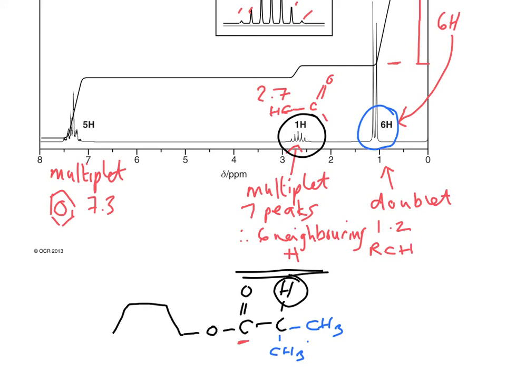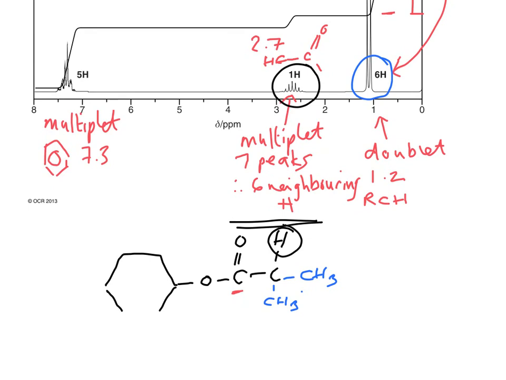So if it was an OH group attached to something, we would always find a singlet peak for the OH group. So the fact we don't means that it's got to be between the carbon and the benzene ring. And that gives us that.